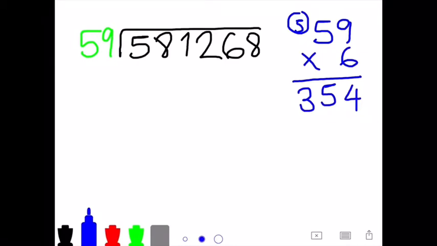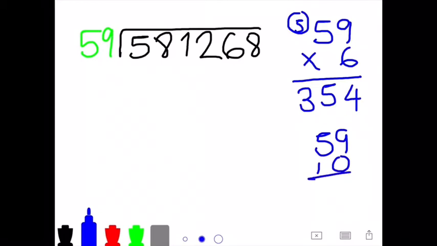I just realized that number is a bit too low, so maybe we should try, if you think about it, 59 times 10 will equal 590, and the number we're trying to get close to is 581.